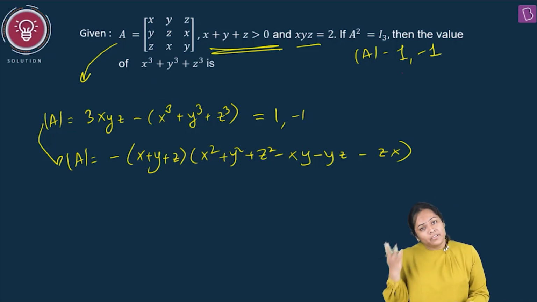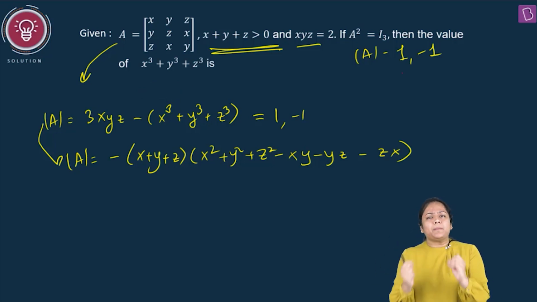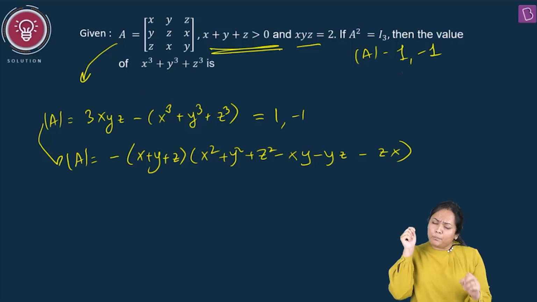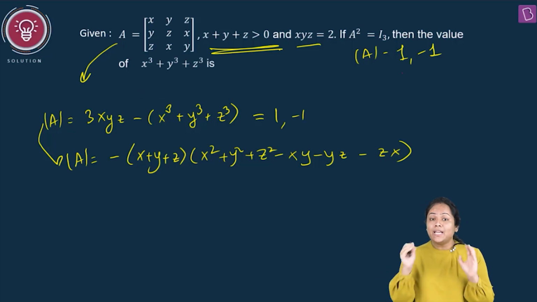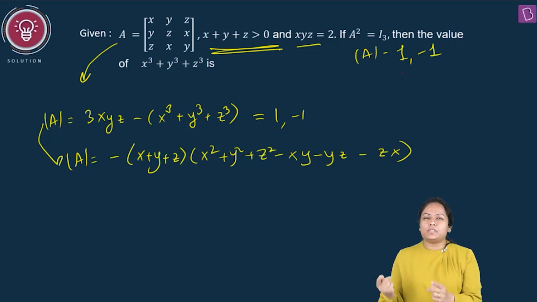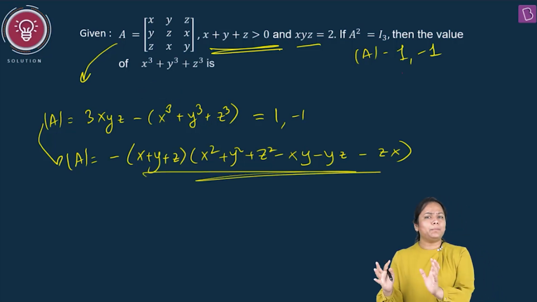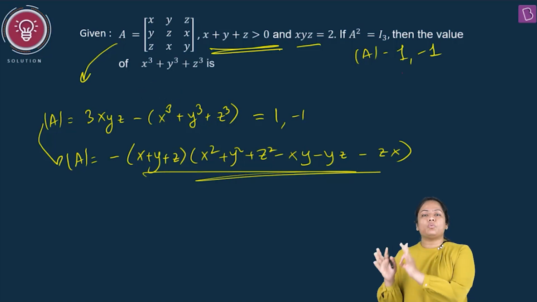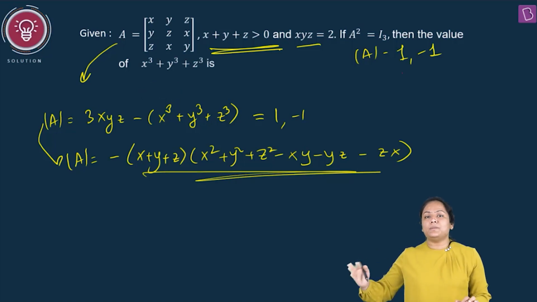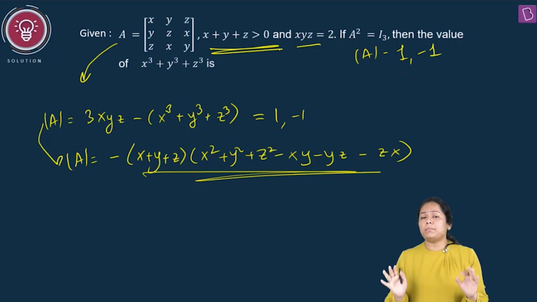How? This is the pretty basic fundamental identity which you must have read: a cube plus b cube plus c cube minus 3abc equals (a plus b plus c) multiplied by (a square plus b square plus c square minus ab minus bc minus ca).